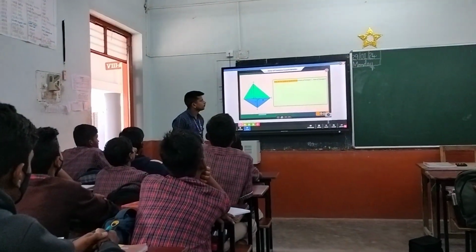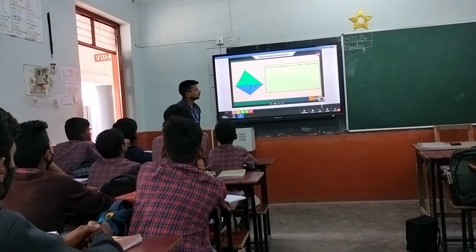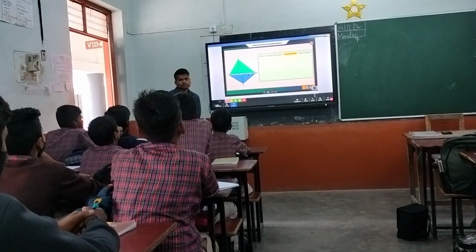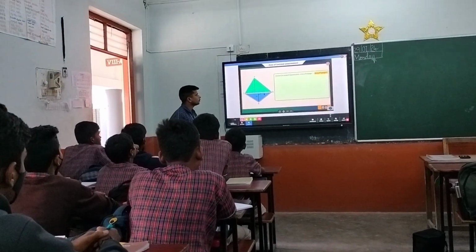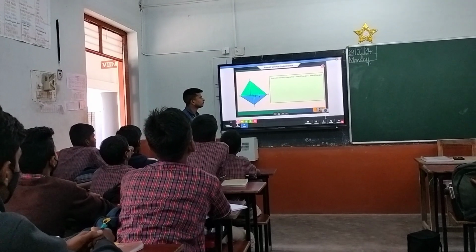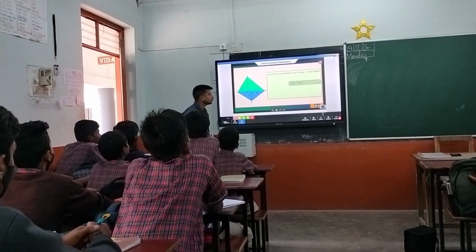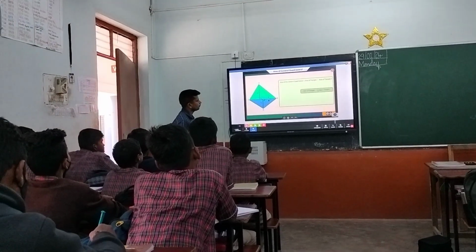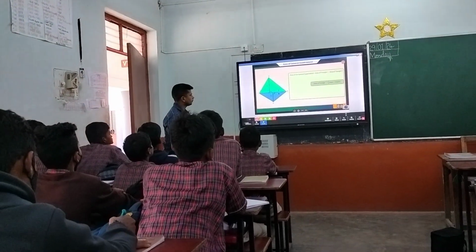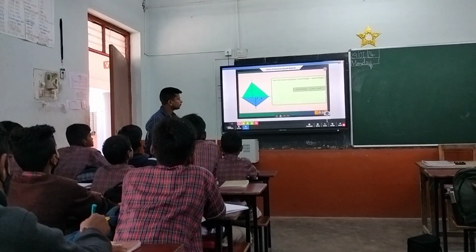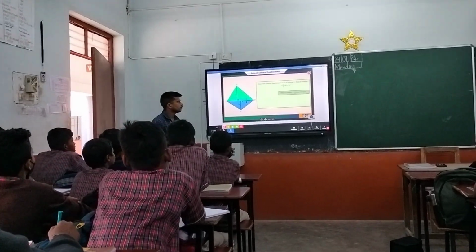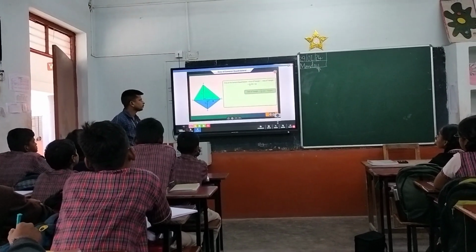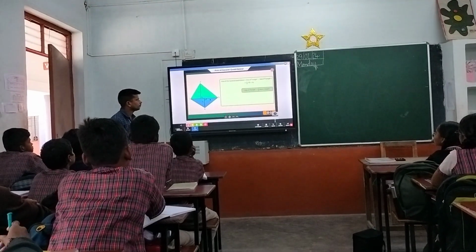The area of a general quadrilateral is therefore equal to the sum of the area of triangle 1 and the area of triangle 2. We know that the area of a triangle can be calculated using the formula half base times height. Hence, the area of triangle 1 is equal to half base QS times height H1.